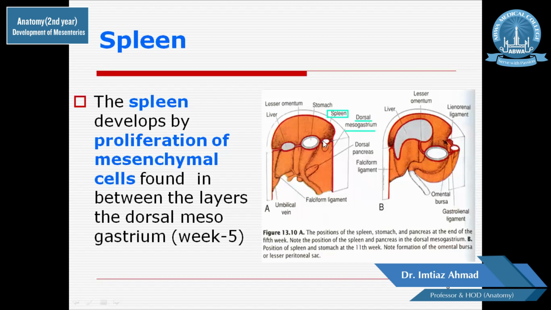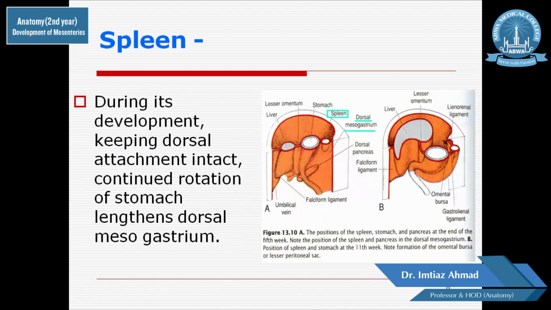The spleen develops in the dorsal mesogastrium by the proliferation of the mesenchymal cells found in the layer of the dorsal mesogastrium. During its development, keeping the dorsal attachment intact. Okay, look, this is dorsal, keeping it intact.